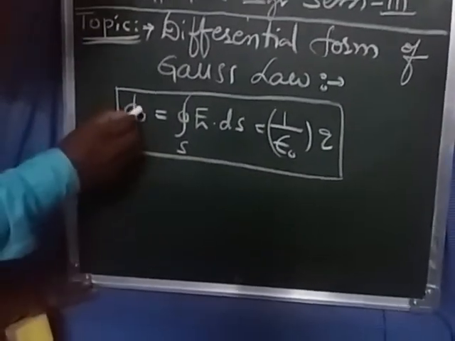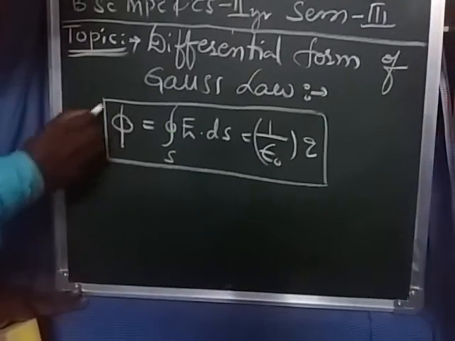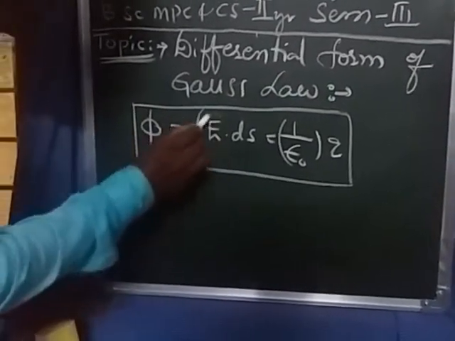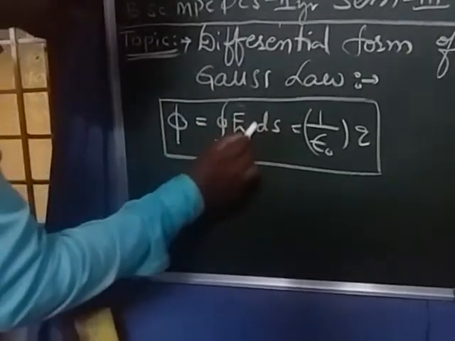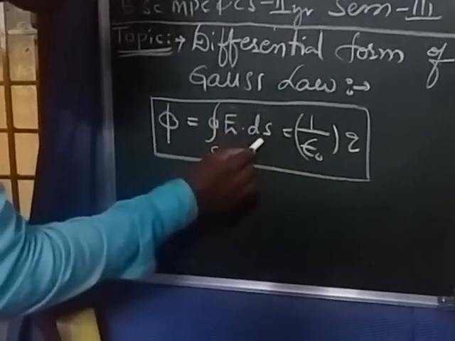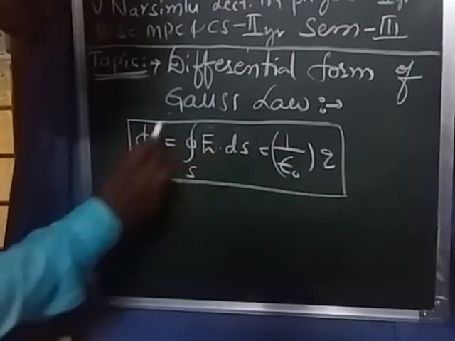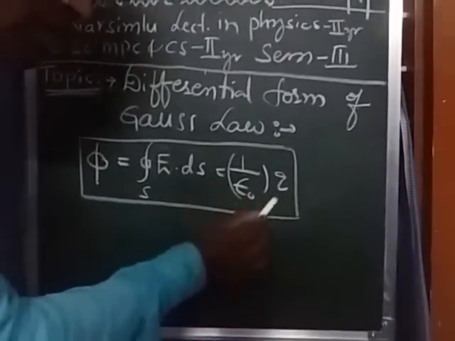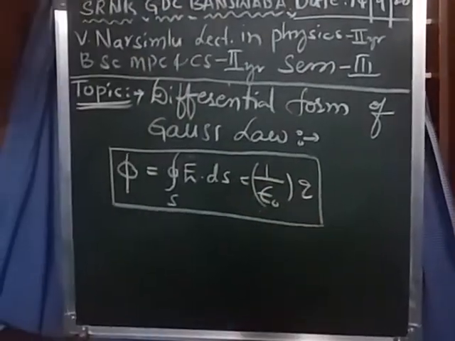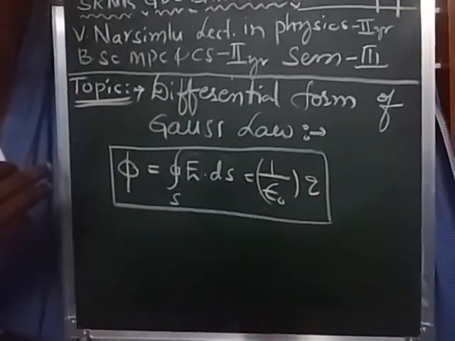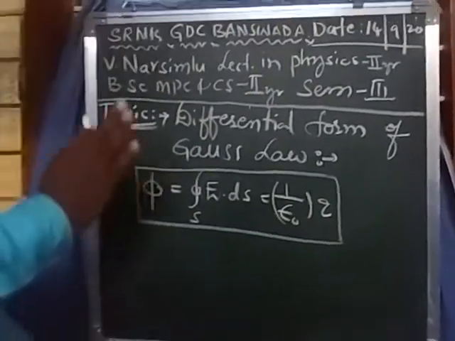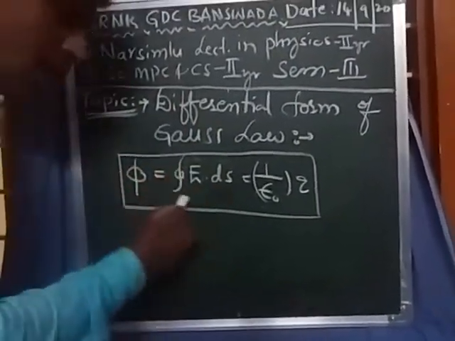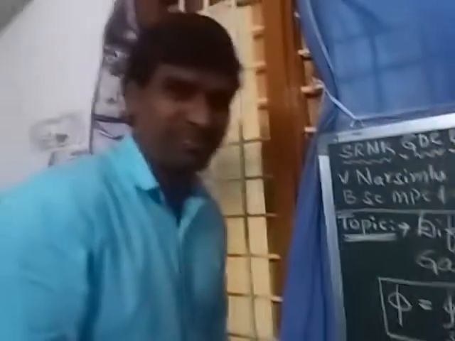This indicates the total electrical flux passing through the unit cross-section area of the surface. This is the intensity of the electrical field. This is the small area component of the closed surface. This is epsilon, the permittivity, and this is the charge of any object we can take. So this is the simple Gauss law.